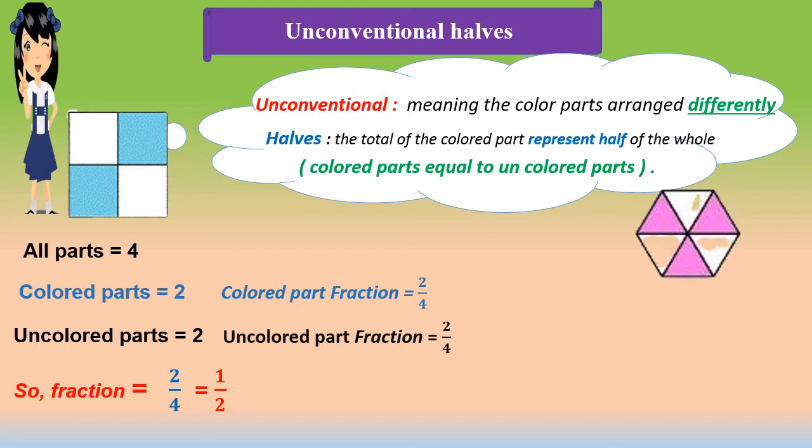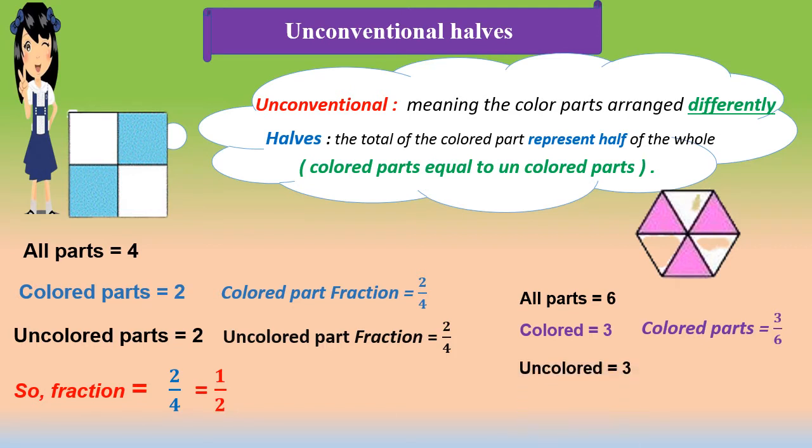Let's see another example. Here I have another shape. How many parts here? All parts, 6. Okay. How many colored parts? Who can tell me, the purple? 3. So the fraction will be 3 over 6.